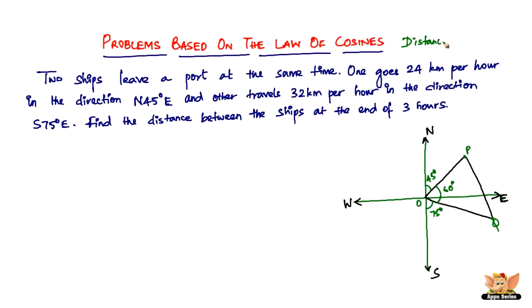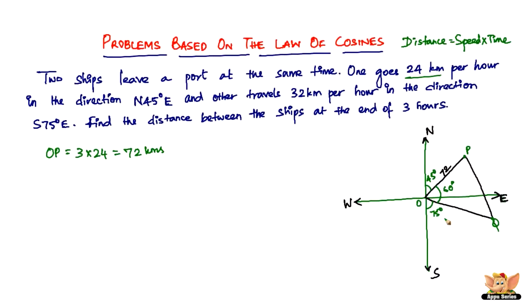Distance equals speed times time. So the distance OP will be equal to 3 hours, the time, times the speed. The first ship is 24 kilometers per hour, so the distance will be 72 kilometers. OP will be 72. Alright, so we've got that.